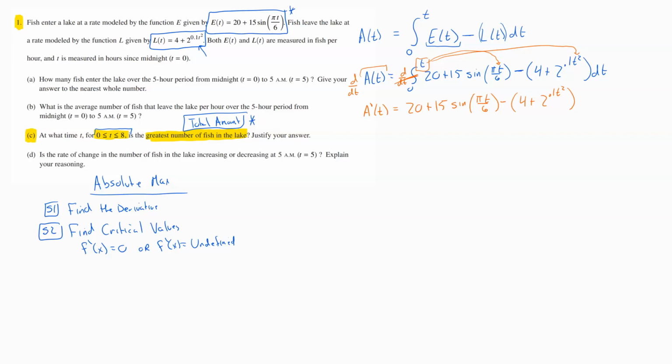So we're actually not going to have to concern ourselves with that piece. We're only going to want to find that critical value where this is equal to 0. So we'll come back in and we'll set this equation equal to 0. And we want to find where that's happening. Minus parentheses 4 plus 2 raised to the 0.1 t squared.